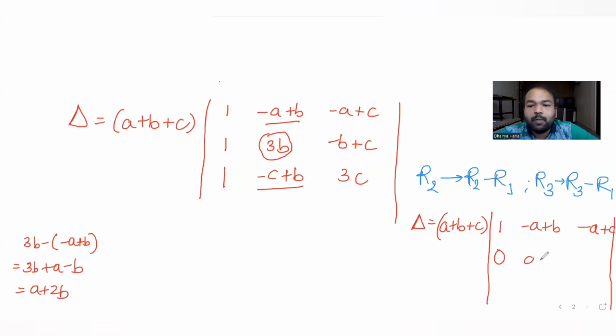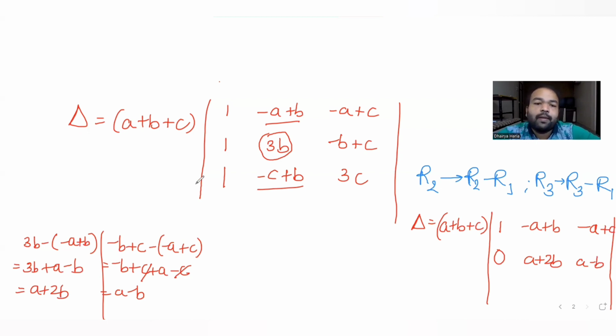So the second element becomes a plus 2b. Further, I get minus b plus c minus a, that is minus b plus c, and minus into minus becomes plus, so c gets cancelled and we get a minus b.